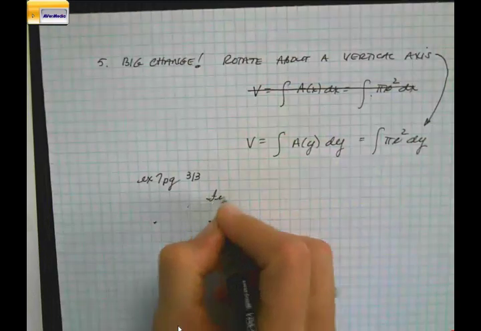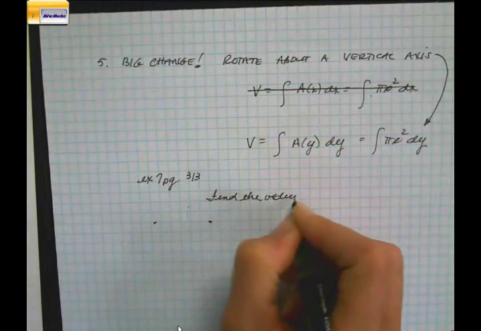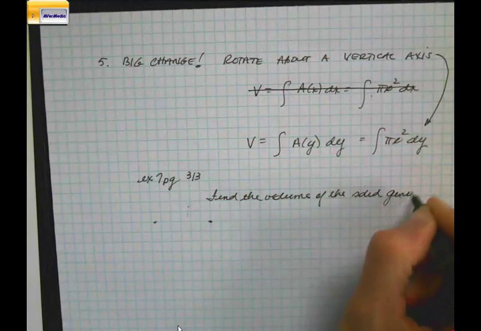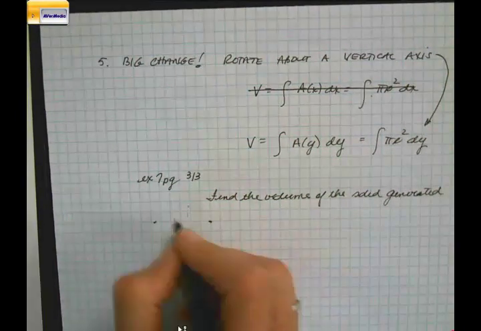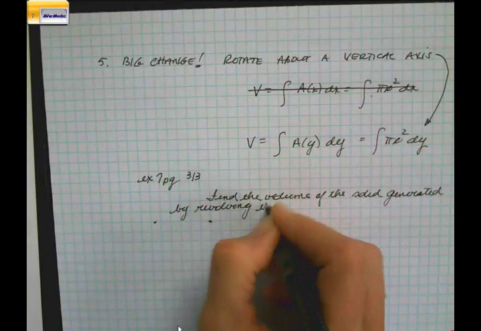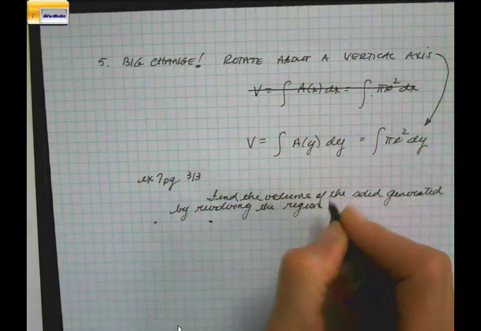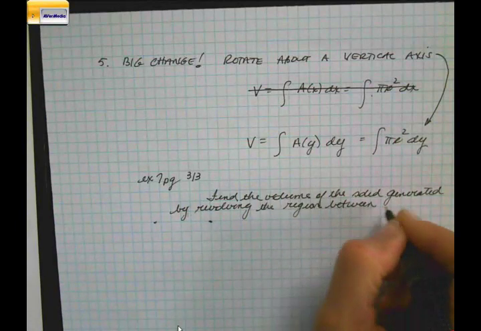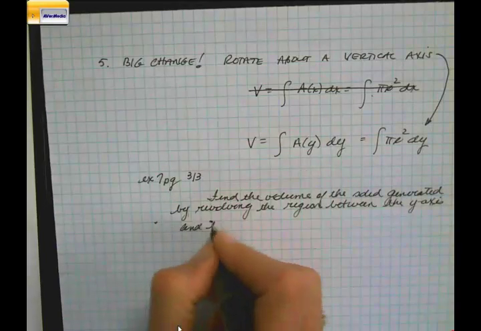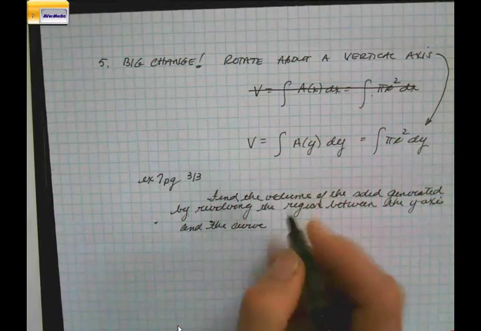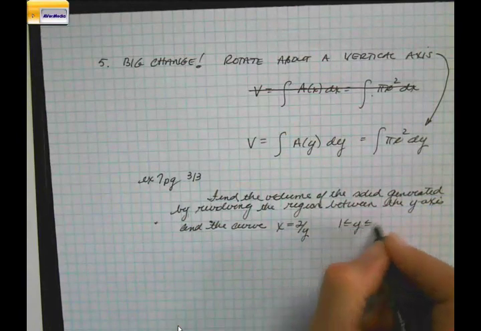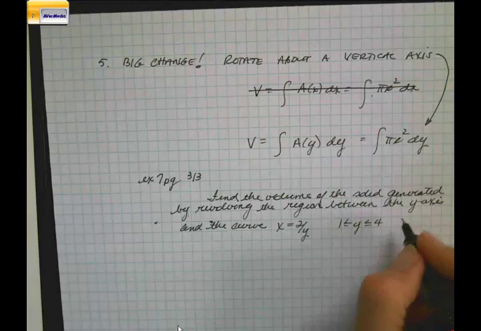Find the volume of the solid generated by revolving the region between the y-axis and the curve x equaling 2 over y, where y is running between 1 and 4, and you're going to rotate it about the y-axis.